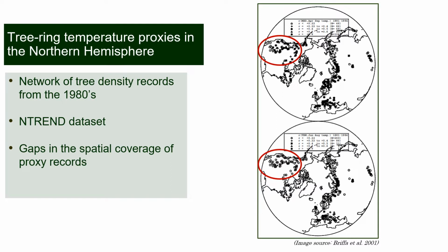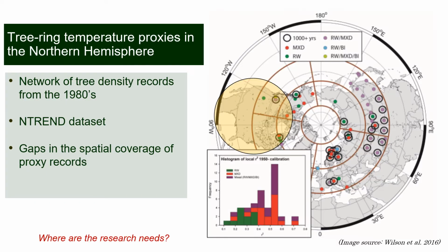This is exemplified by the vast MXD network developed by Briffa and Schweingruber in the 1980s. But moving forward to present times, we have another exceptional temperature-sensitive tree ring network, the N-trend network, yet substantial spatial gaps in the coverage of these records still exist.